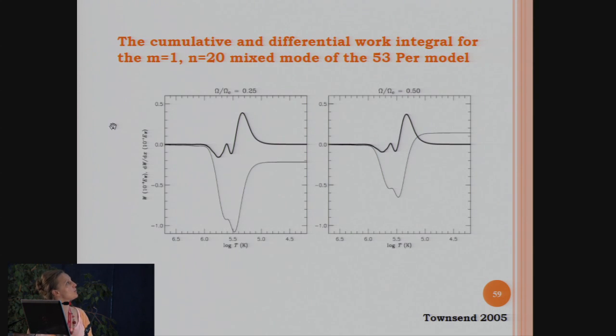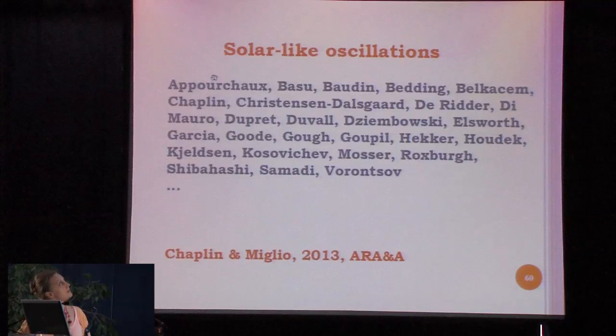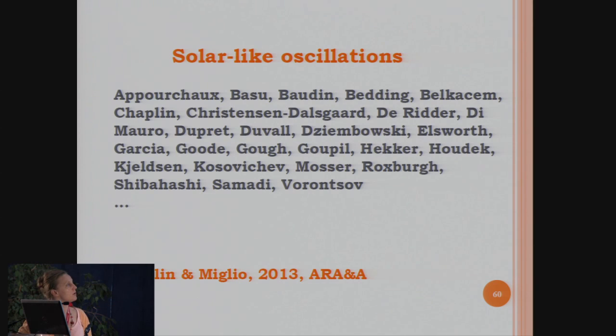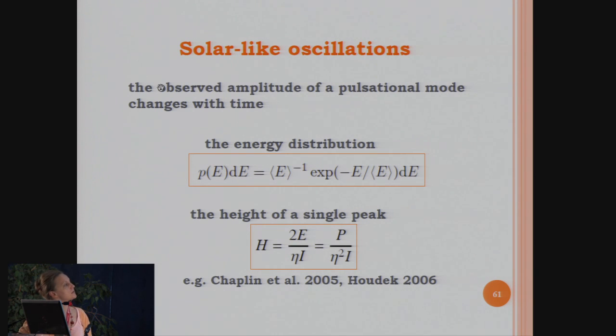This is an example of the work integral for two different values of rotational velocity. So here we have stable modes, here we have unstable modes for the higher value of rotation.